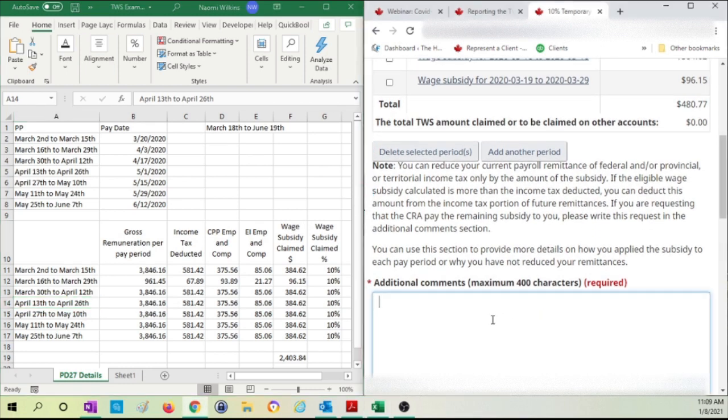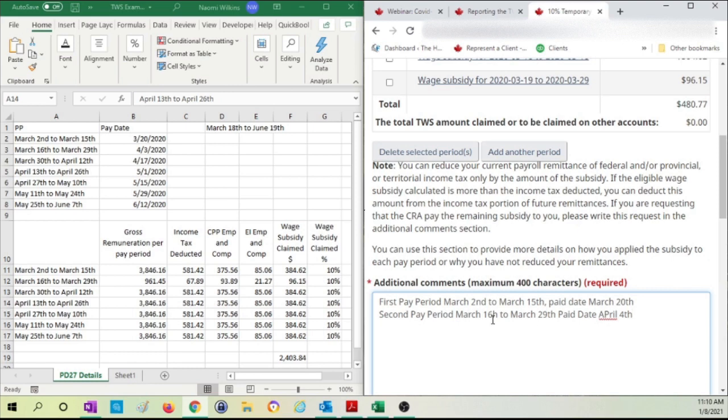And then again, as I said, once you've done them all, what you're going to want to do is say something along the lines of: the first pay period, March 2nd to March 15th, paid date, March 20th, just to clarify; second pay period, March 16th to March 29th, paid date, April 4th.